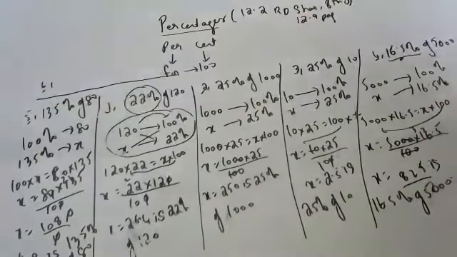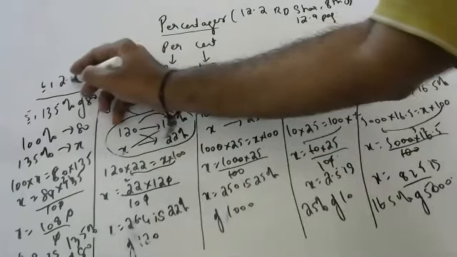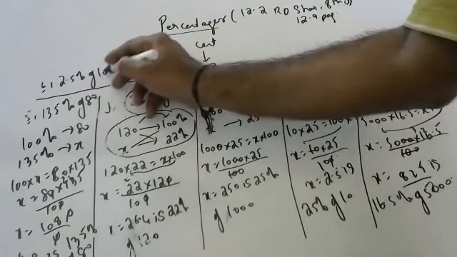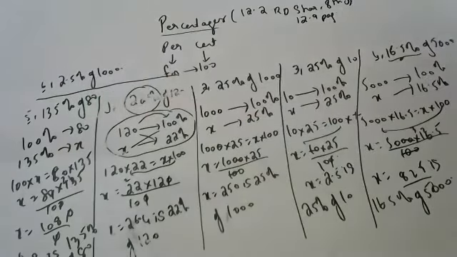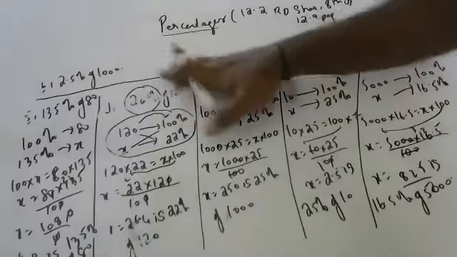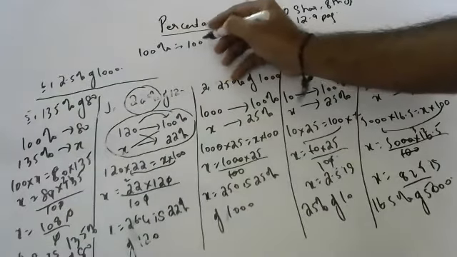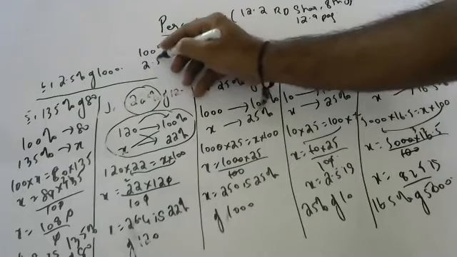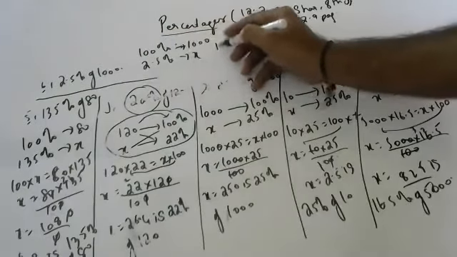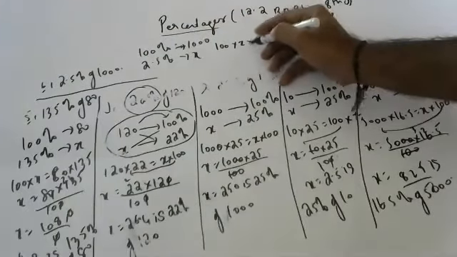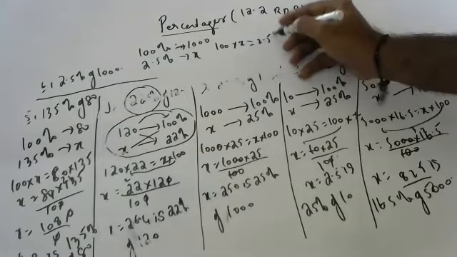Nandika, you will tell the next sum also. 2.5% of 1000. 100% is 1000. 2.5% is x. 2.5% is how much? Cross multiplication: 100 into x is equal to 1000 into 2.5.